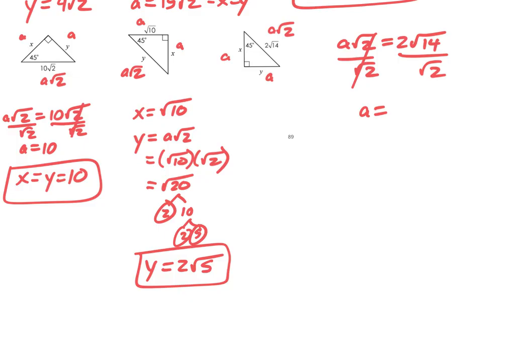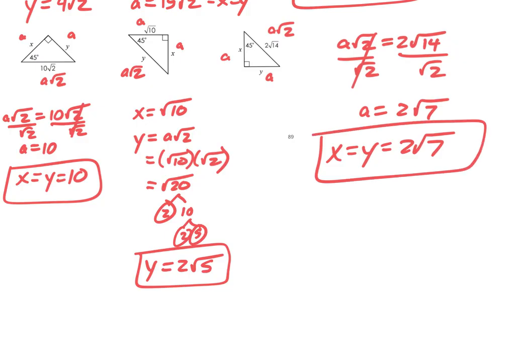No. This one is not under the radical. This one is. Can I divide 14 and 2? Because they're both under the radical, right? So I can divide those if they're dividable, okay, which they are. And that would be my answer. So that means x and y are both the same, which is 2 radical 7.